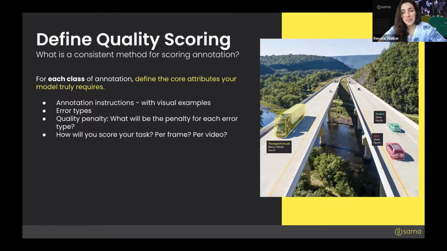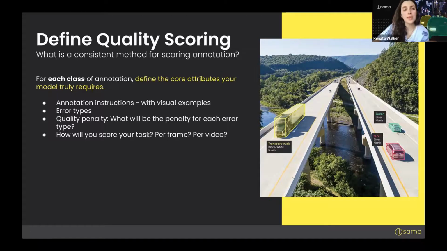The first part of this is having annotation instructions that are good, tight, relevant, and that have visual examples. There's nothing better than visual examples to convey a message. The example that I gave you earlier today was of those animals facing we don't know where. Giving those visual examples will help the person annotating understand what you really want from your annotation.